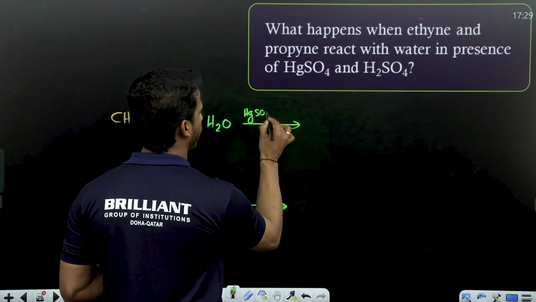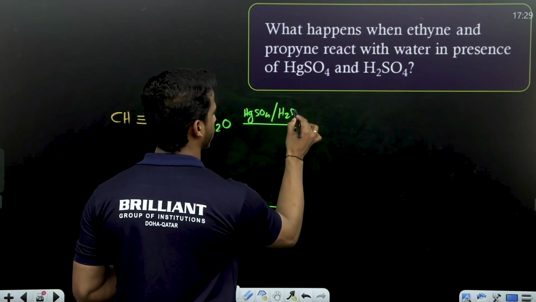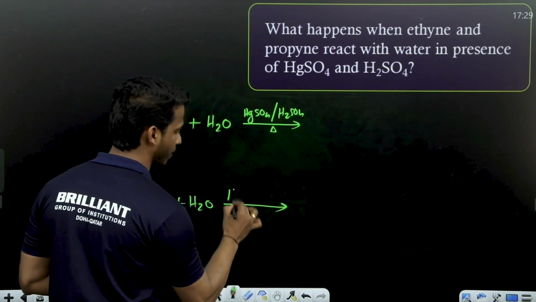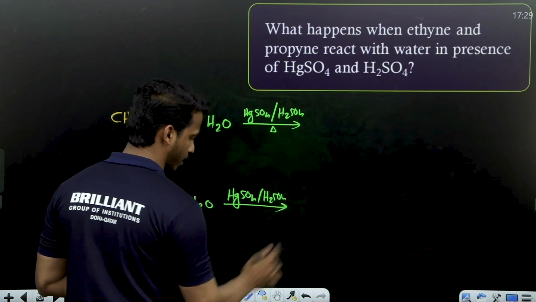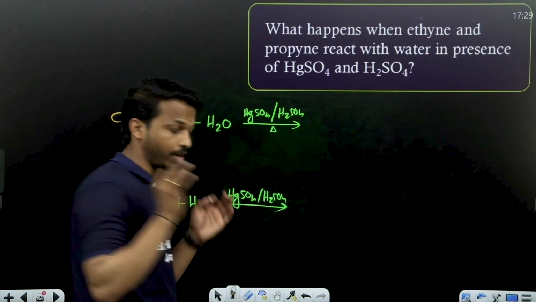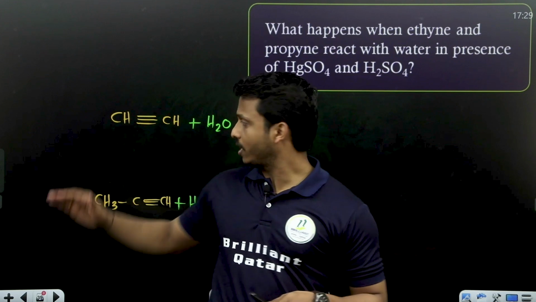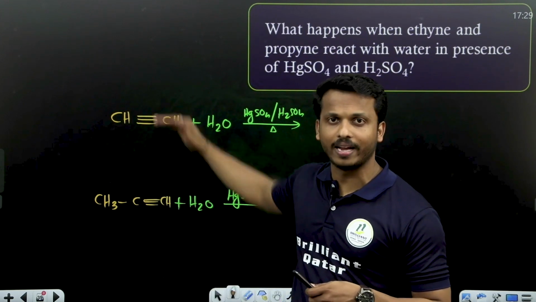What is HgSO4? Mercuric sulfate, and H2SO4. Heat is required there. Study this reaction, dear all. Very important reaction. I think both of the reactants are alkynes, right?